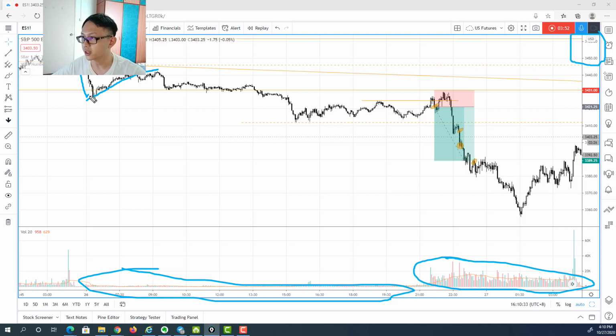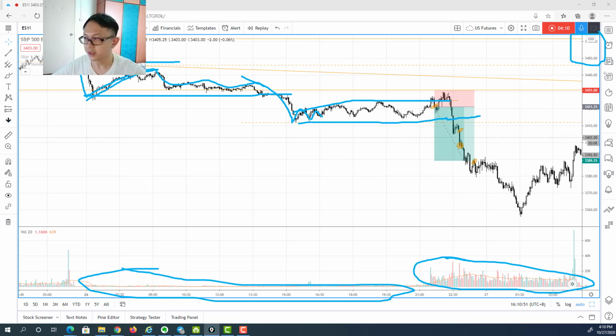You can see that the rally is kind of weak, doesn't really touch the gap resistance, and eventually it just drifted and fell right here, breaking down, and subsequently just had this trading range form.